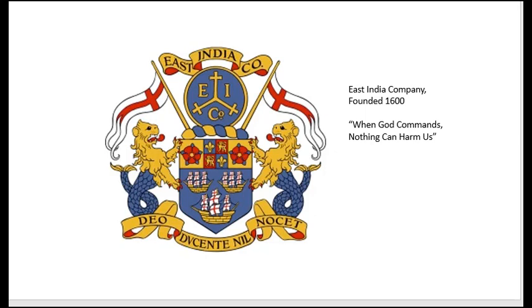You can see the logo of the British East India Company here, and you can see the overlap between trade, conquest, and the idea of Christian power in the slogan of the East India Company, written in Latin below: when God commands, nothing can harm us, believing that they were protected by God.